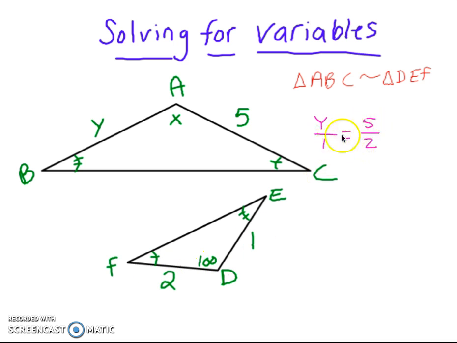When we cross multiply here, we're just going to get that y equals 5/2, and that can reduce down to 2.5. That would be our answer for our y variable.